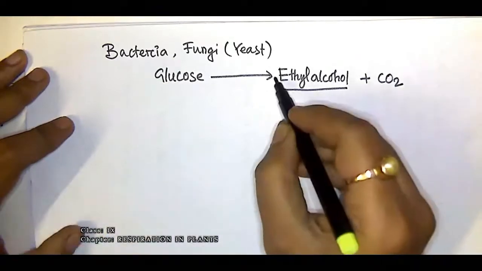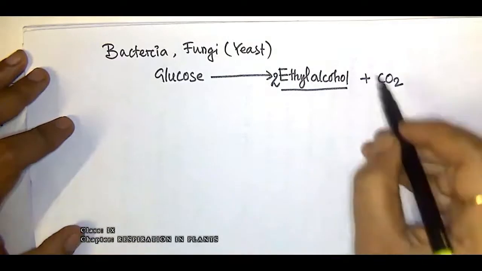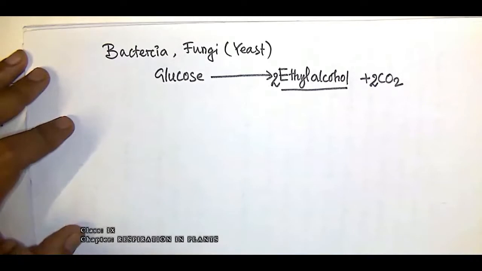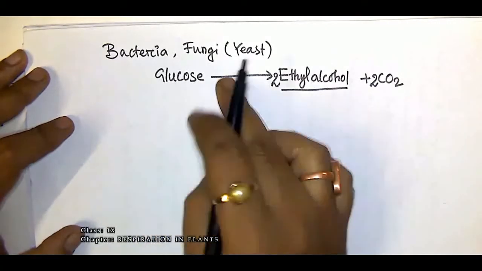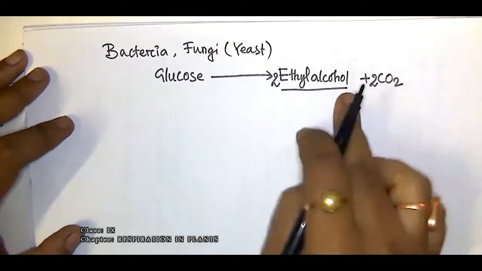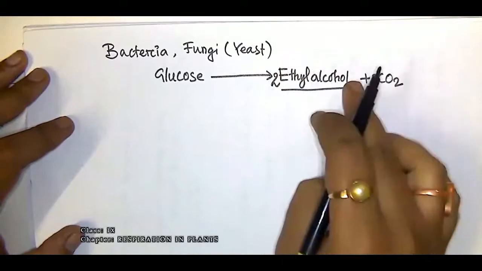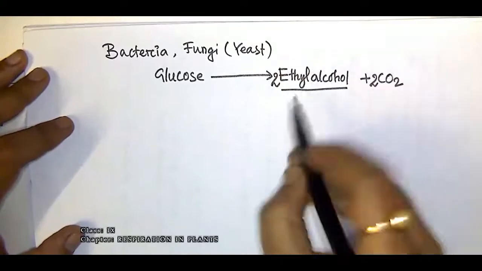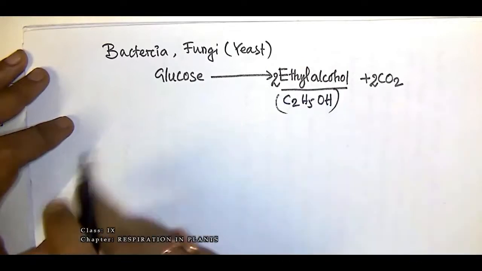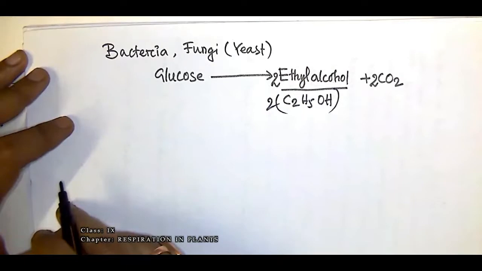How many molecules of ethyl alcohol are being produced? 2 molecules. And how many molecules of carbon dioxide are being produced? 2. So glucose is not utilizing what? Oxygen here. But they are producing carbon dioxide. But did they completely break themselves? No. What has been formed? C2H5OH has been formed. How many molecules? 2 molecules.